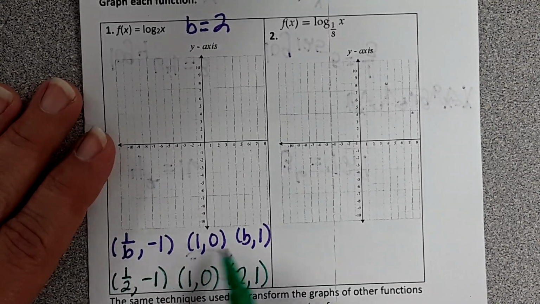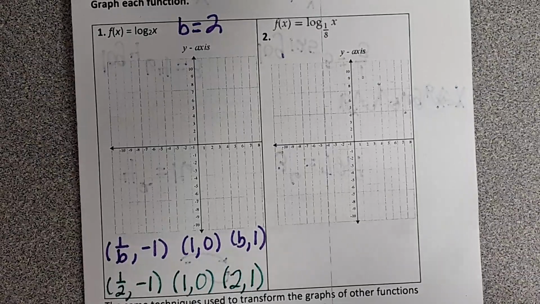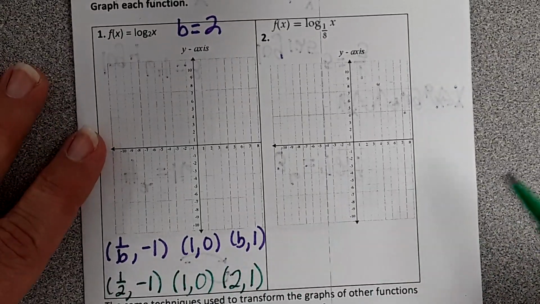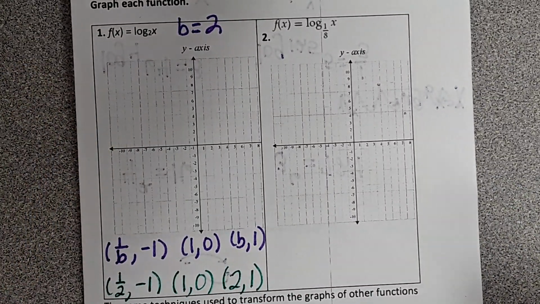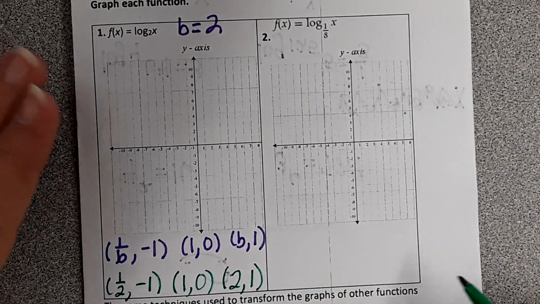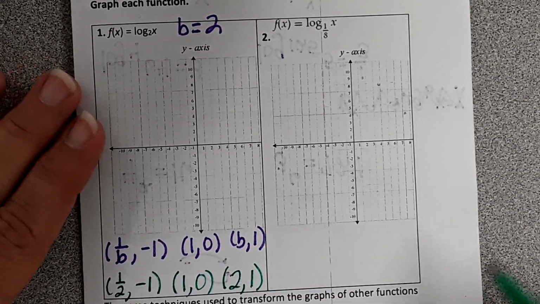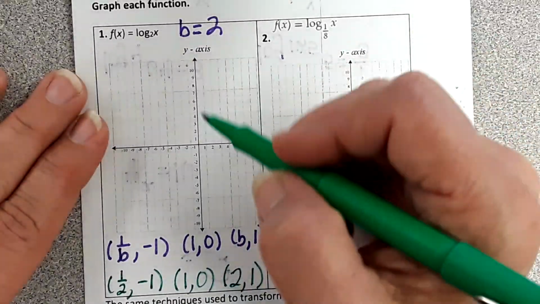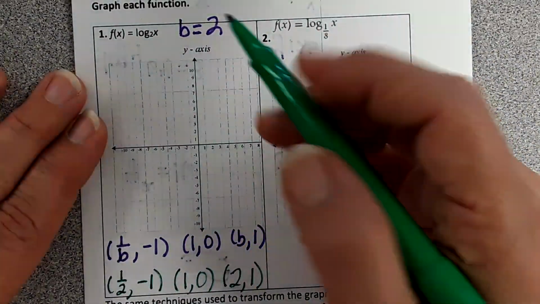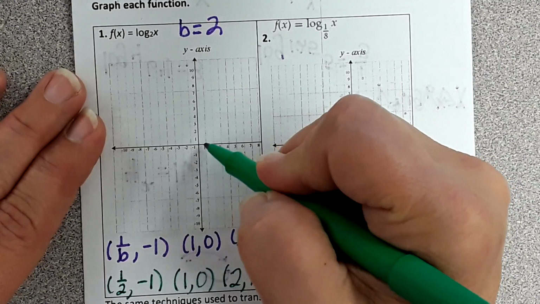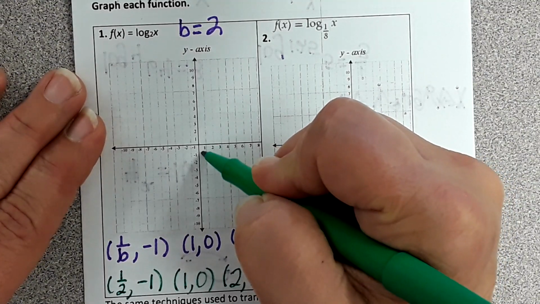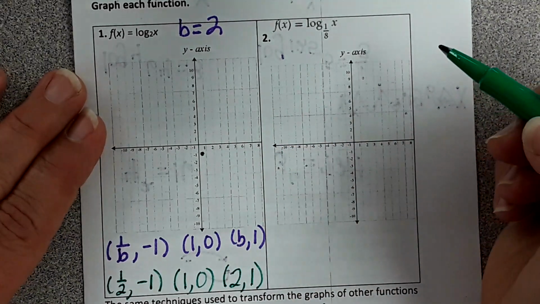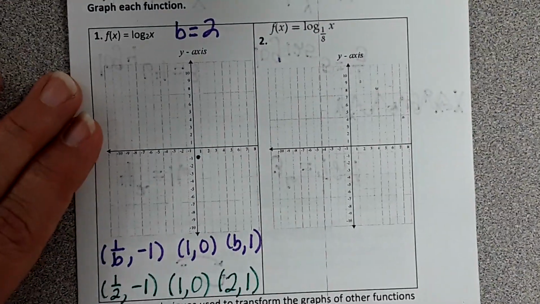These never change. Every logarithmic graph goes through those. Now, they might be adjusted when we do our shifts and our vertical and horizontal stretches. So (1/2, -1). We're going to go to 1/2, which is between -1 and 1, down to -1. So it's just going to go in the center.